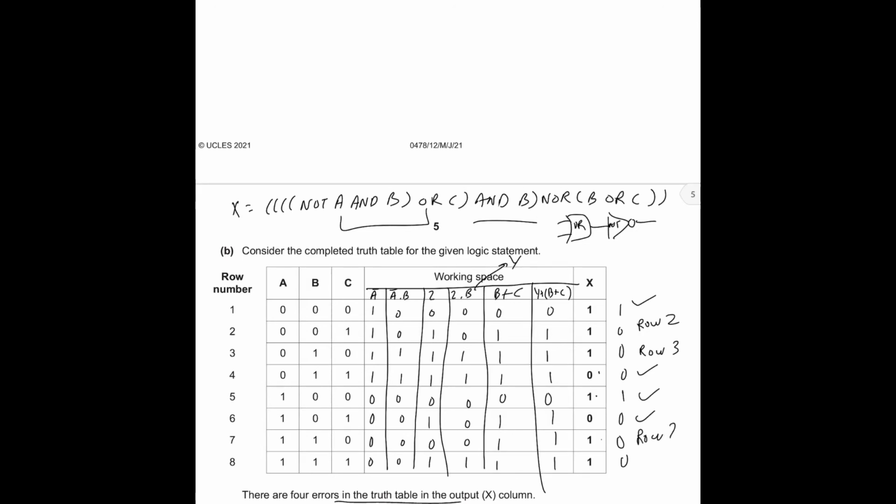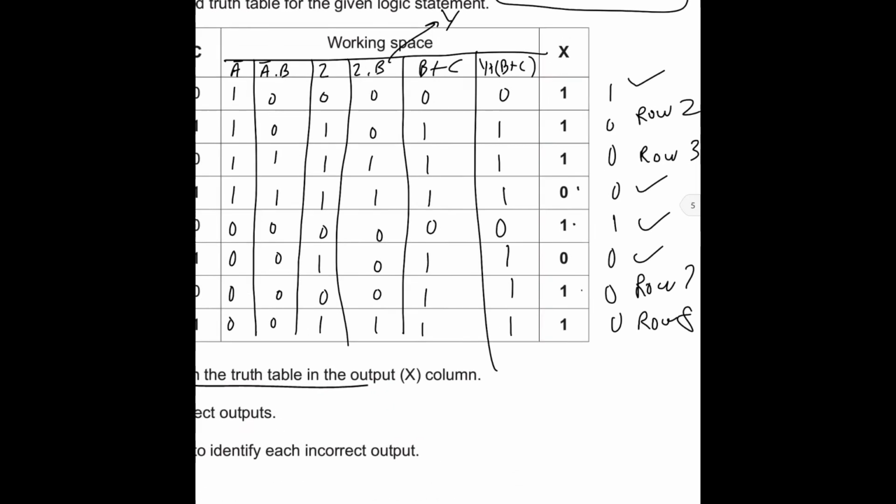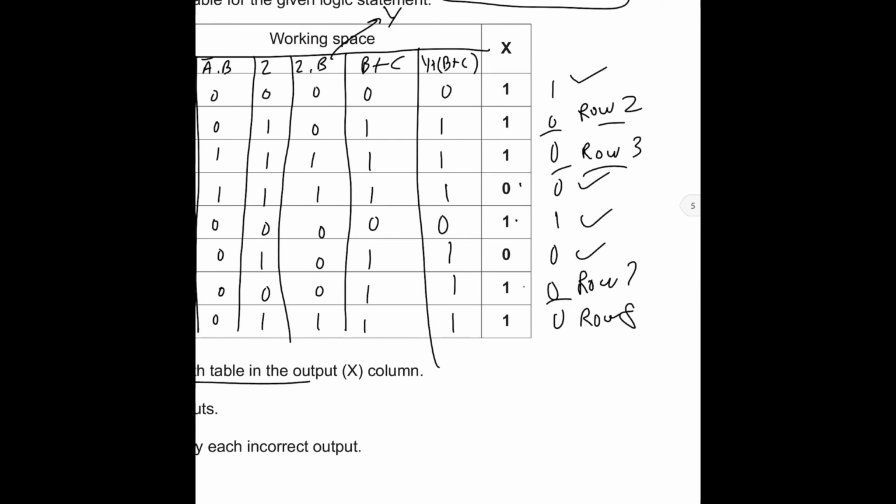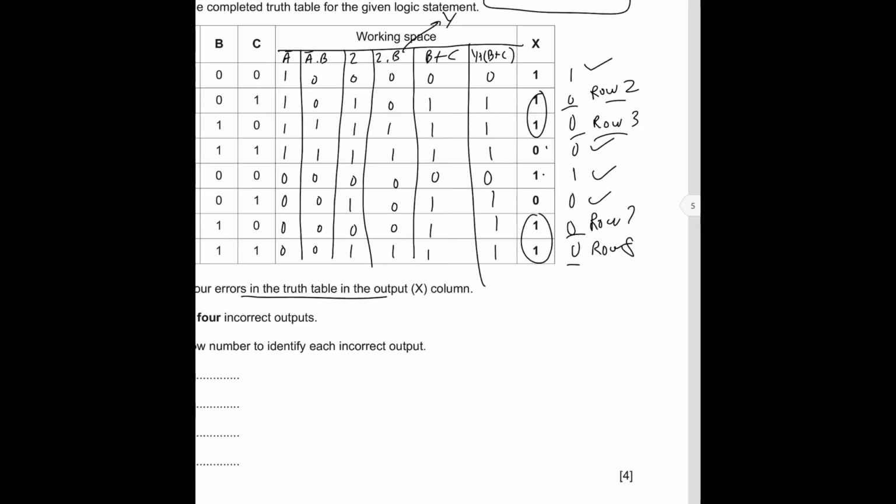Then there's an error in row 7, and there's an error in row 8. So there you go. These are the basic gates that help us to simplify and help us to find out where the errors are. Okay, so as you can see, row 2 has an error, which is 0, and row 3 has an error, which is 0. And row 7 has an error, it's 0, and row 8. It should be 1, and this should be 1 as well.